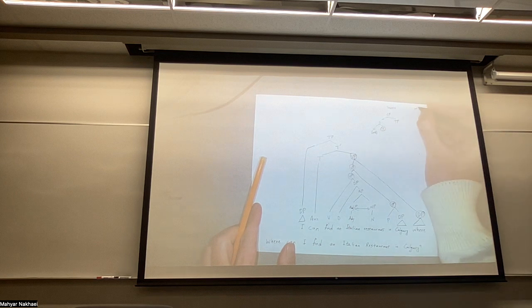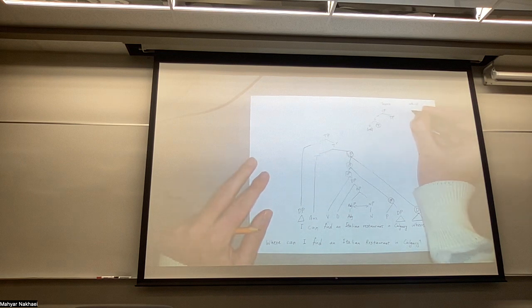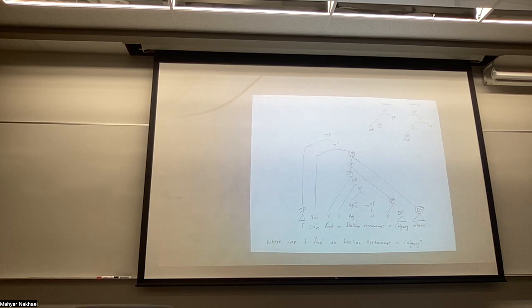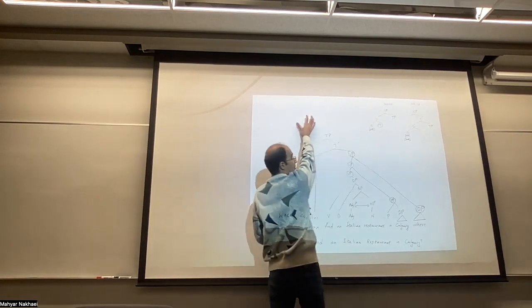But if it is a WH question, like in this case, "where can I find?", I have a C bar in between CP and TP. So I have CP, C bar, C, TP. And then the T is plus Q plus WH. So now, because it is a WH question, I should copy this on top of TP.